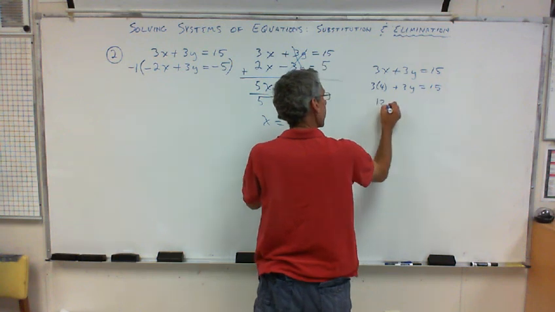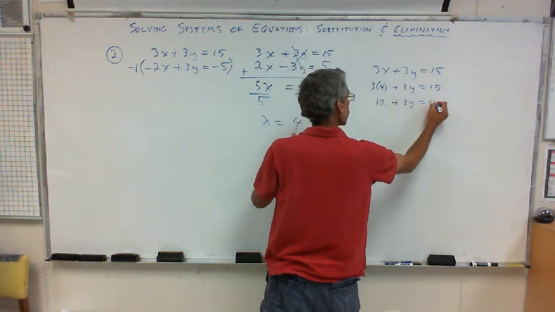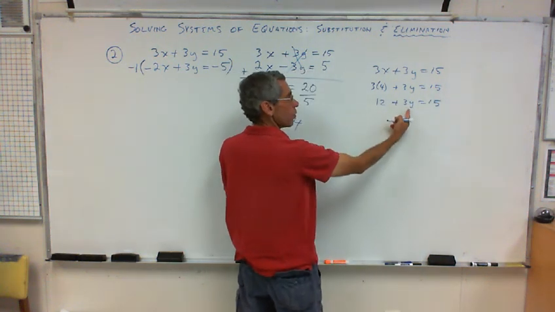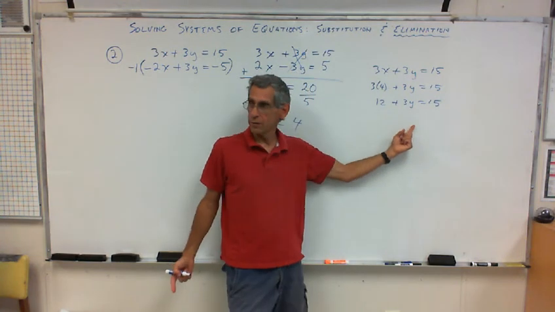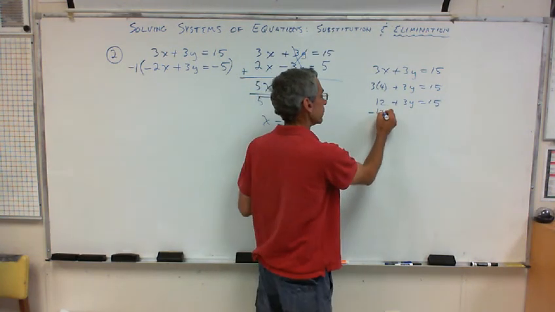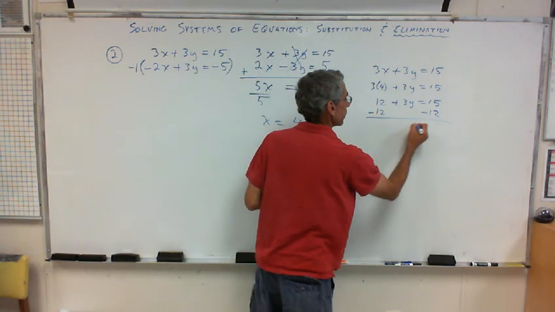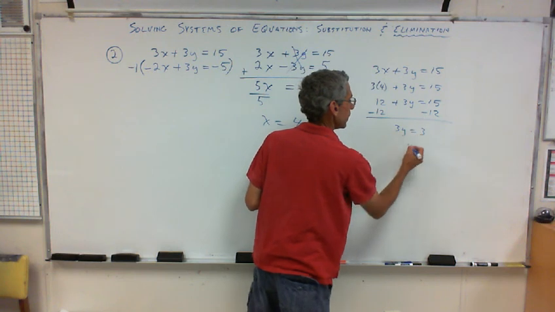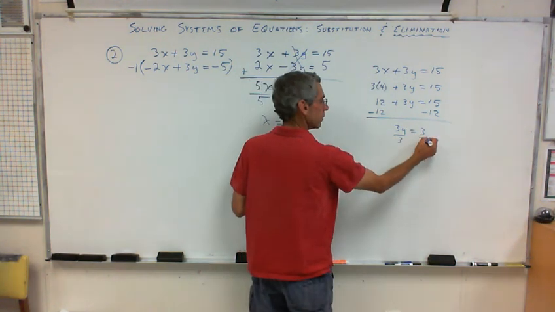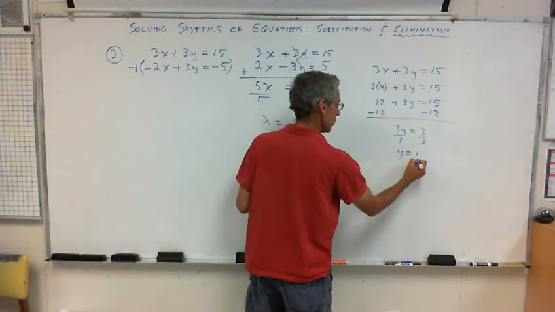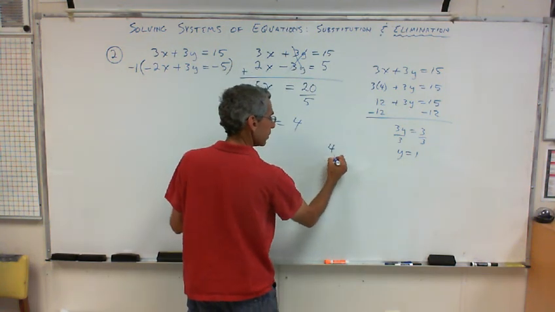Well, 3 times 4 is 12 plus 3y equals 15. And I want my y's to be all by themselves. So I'm going to subtract the 12. So I get 3y is equal to 3. Divide by 3, divide by 3, y is equal to 1. So my answer is 4, 1.